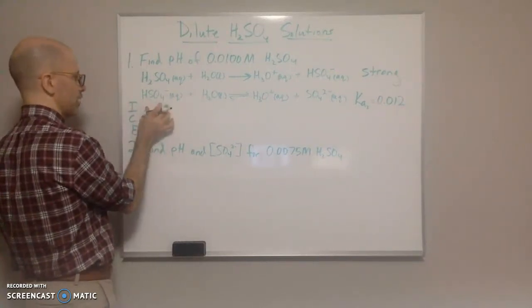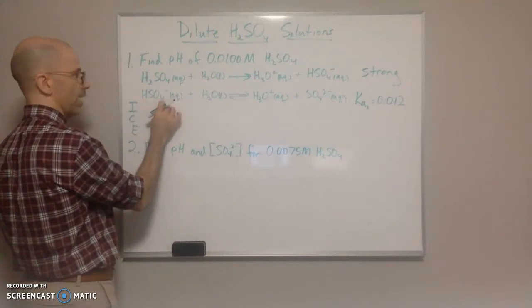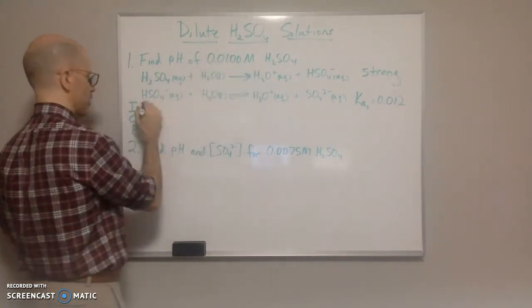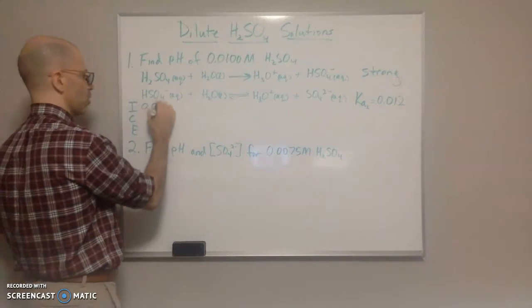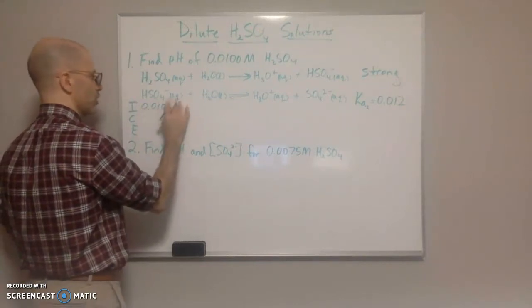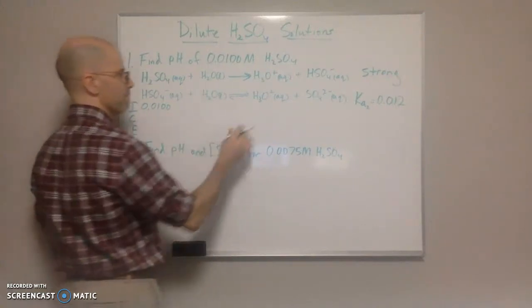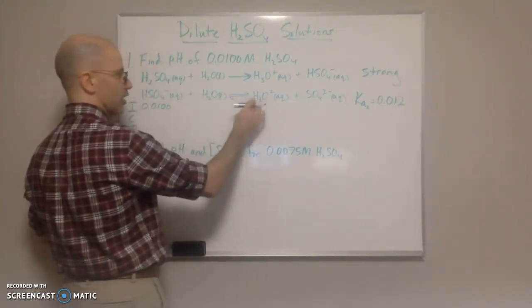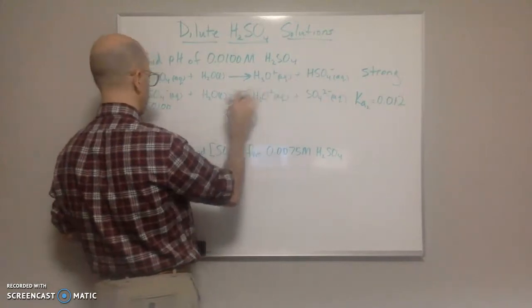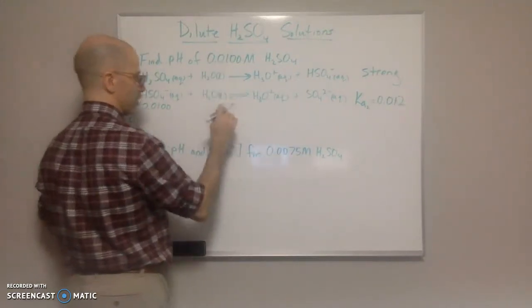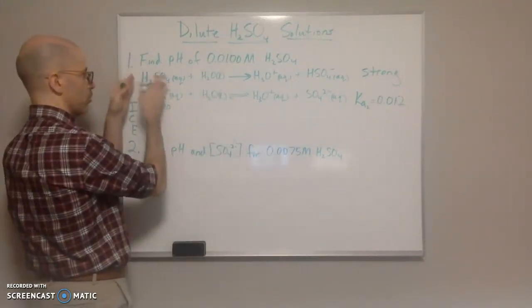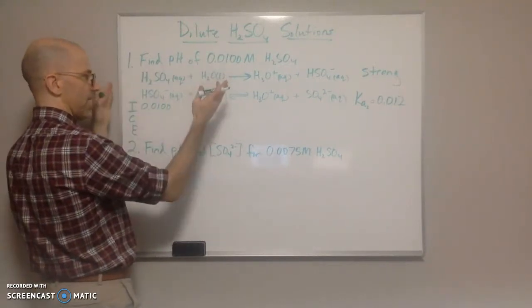The initial concentration of HSO4 minus is going to be this concentration here, 0.0100, and we're going to ignore water. The initial concentration of H3O plus is also going to be the original concentration, because the original amount completely ionizes.